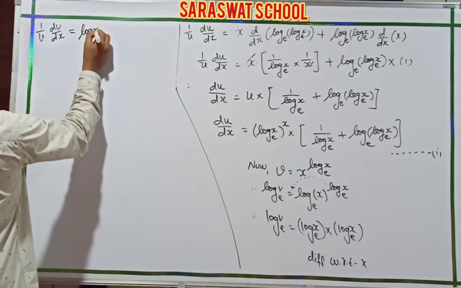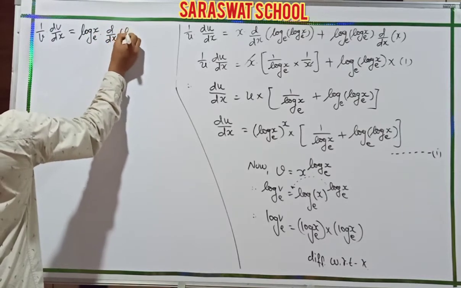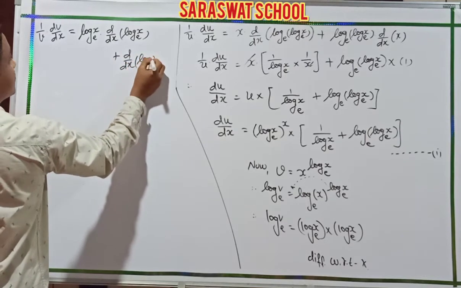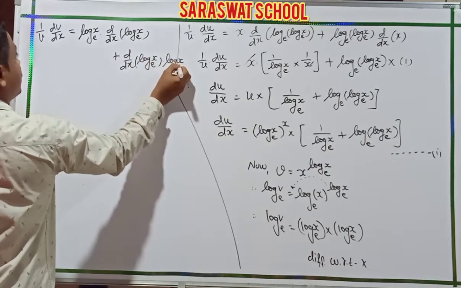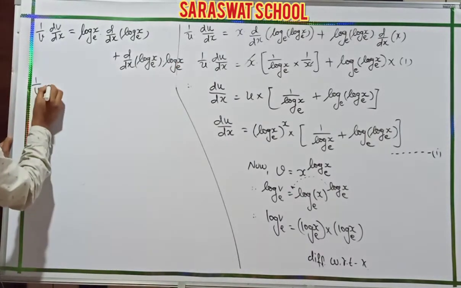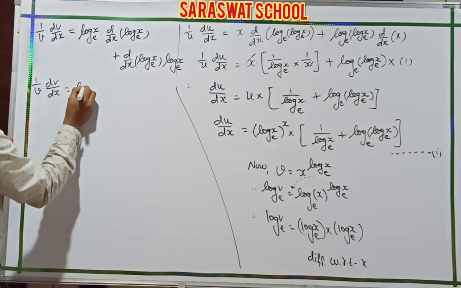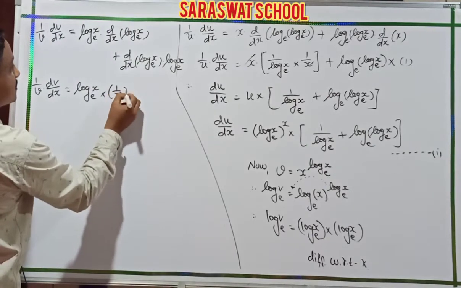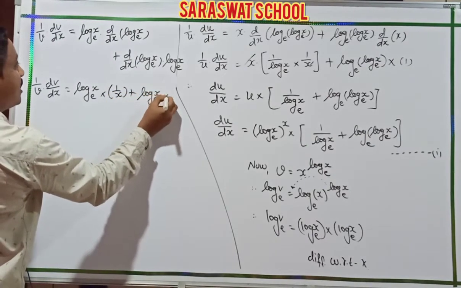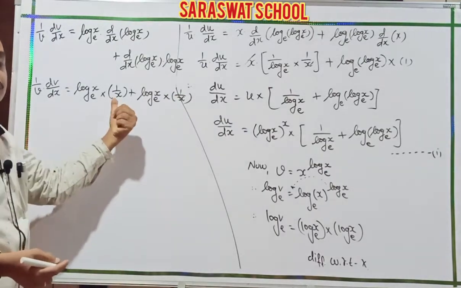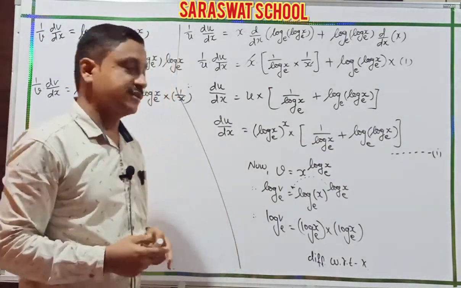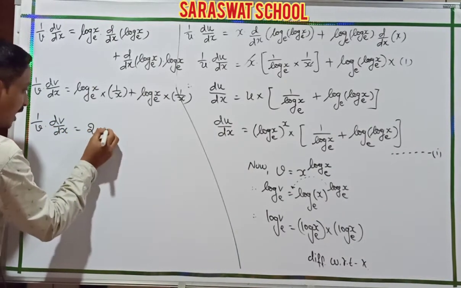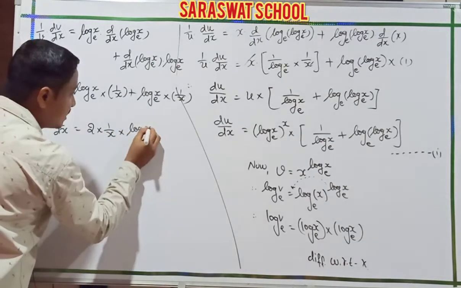I take first, second derivative: first derivative, second as it is; indirectly it is the same, so I write 2 times. So 1 by v dv by dx equals 2 times log x base e into the derivative of log x. Students, what is the derivative of log x? This is 1 by x. Finally this one and this one give 2 times. So 1 by v dv by dx equals 2 times 1 upon x into log x base e.